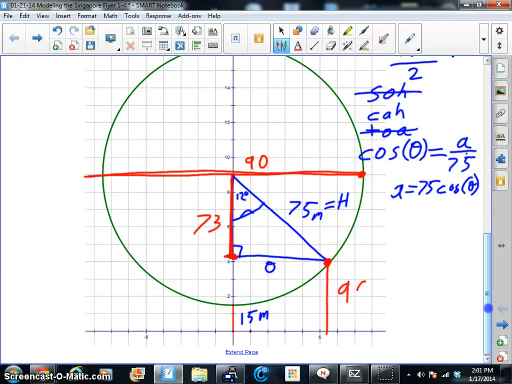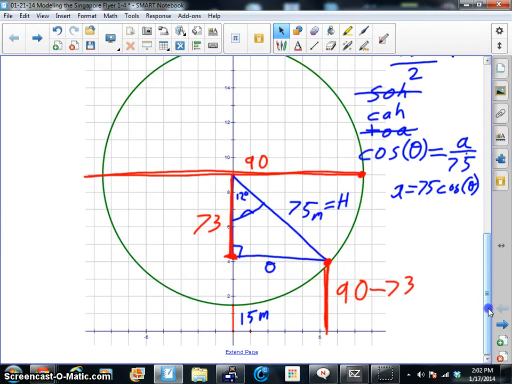So we have 90 meters minus 73, and that'll give us what's left of that height. Because if you look at this, this will go right back over there. So that's 90.